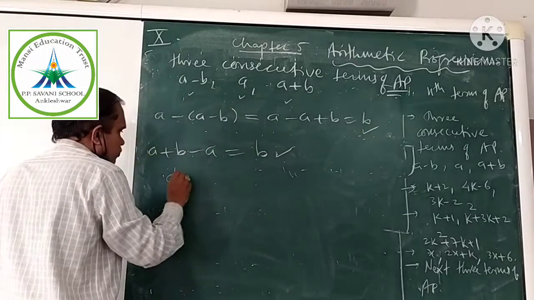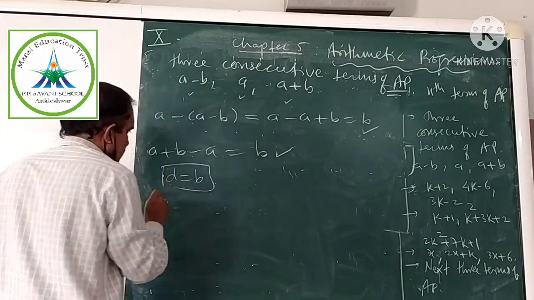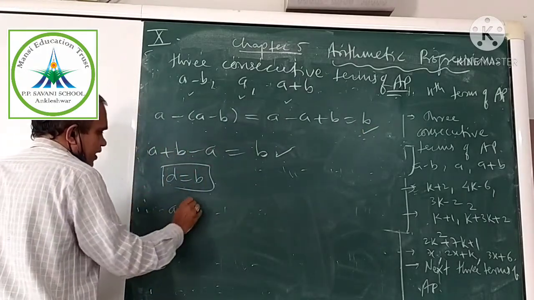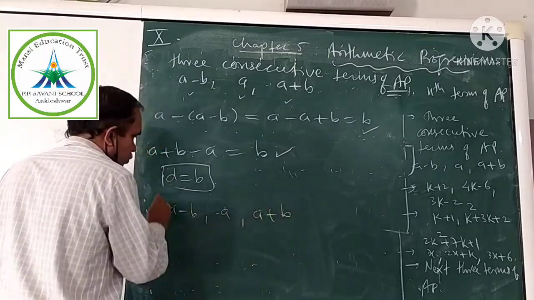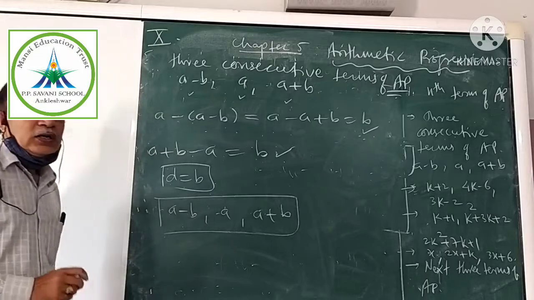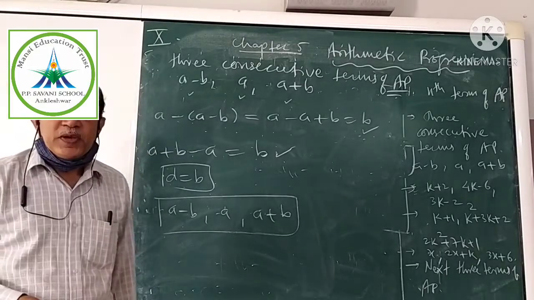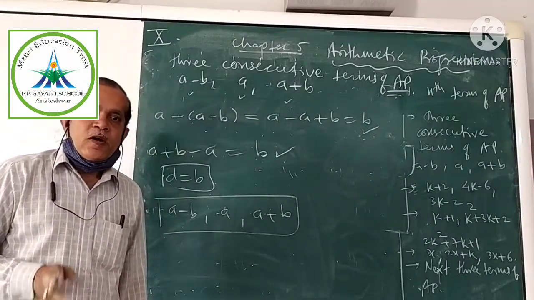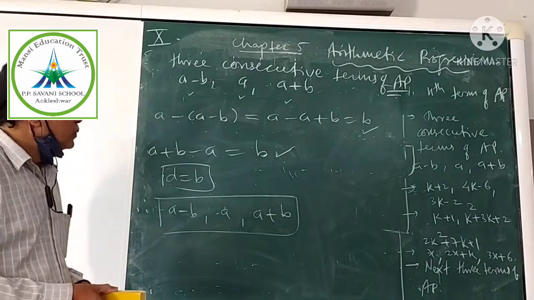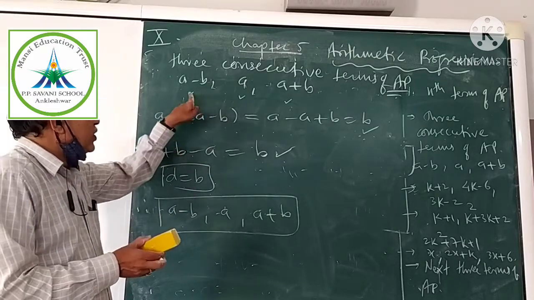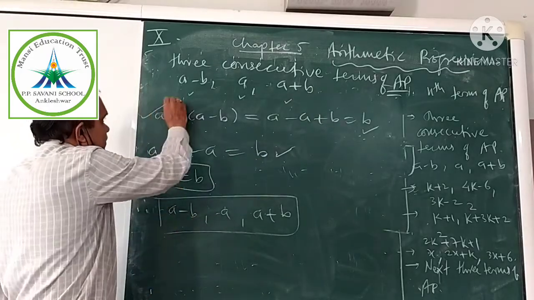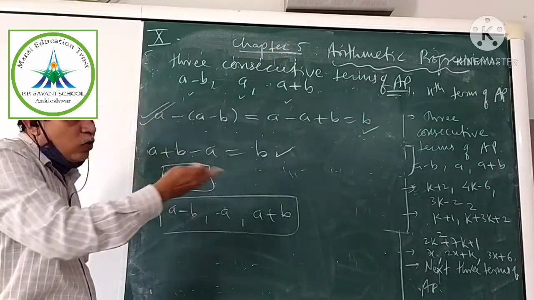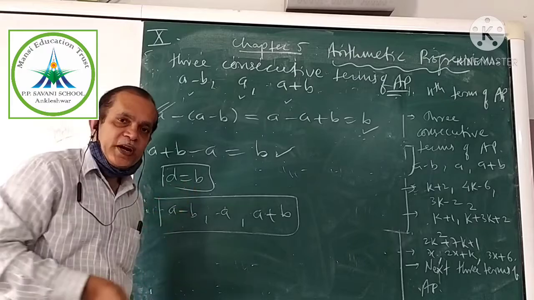So common difference equal to D. Therefore, A minus D, A, A plus D, ये आपको याद रखना है, are 3 consecutive terms of an AP. Got it? Now, if 3 consecutive terms are given, the same can be used for solving some numericals that we are going to practice.